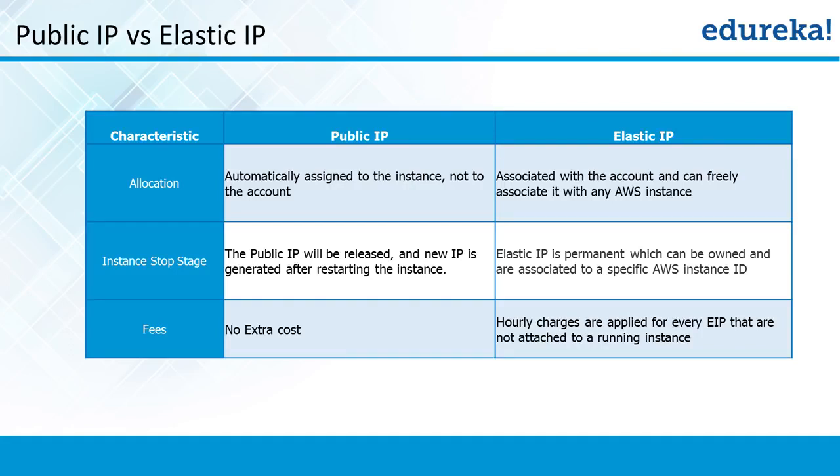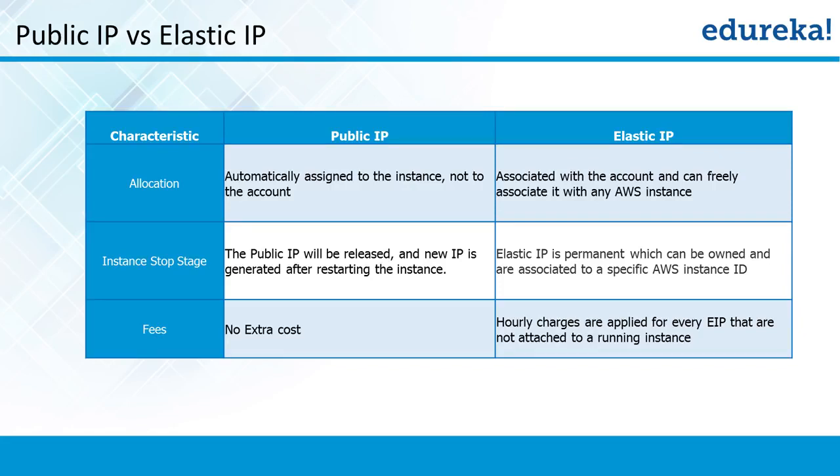Because it is permanently assigned to your account, your DNS names should always be pointing to the elastic IP address. And the great thing about the elastic IP address is that you can move it from one server to another. For example, in the case of a failover, if your server has a hardware problem, you can create another server, and then simply move the elastic IP address from the failed, unhealthy server to the new server.